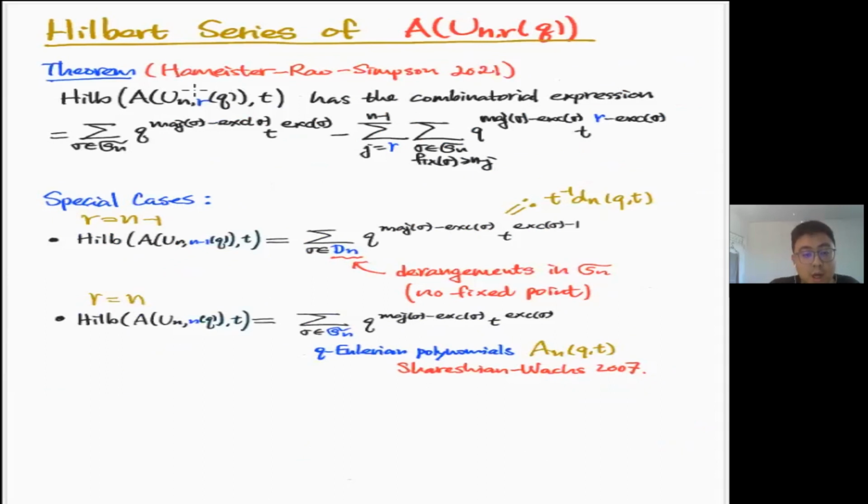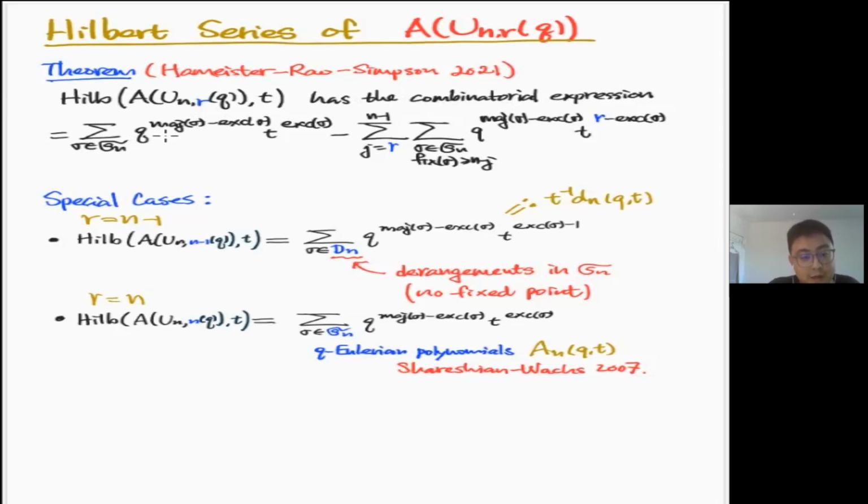So Hamaker and Rao-Simpson in 2021 computed the Hilbert series of the Chow ring of a q-uniform matrix, and they found it has the following combinatorial expression.